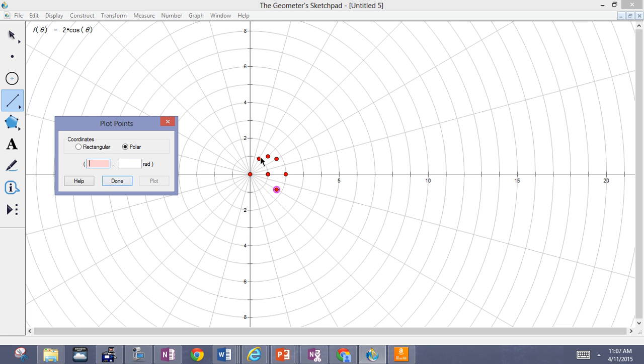Then we had this √2 value, which is 1.41, and we were plotting that at pi over 4 or 45 degrees. So now we're going to go at negative pi over 4, and that should have a plot. So let's put that in.